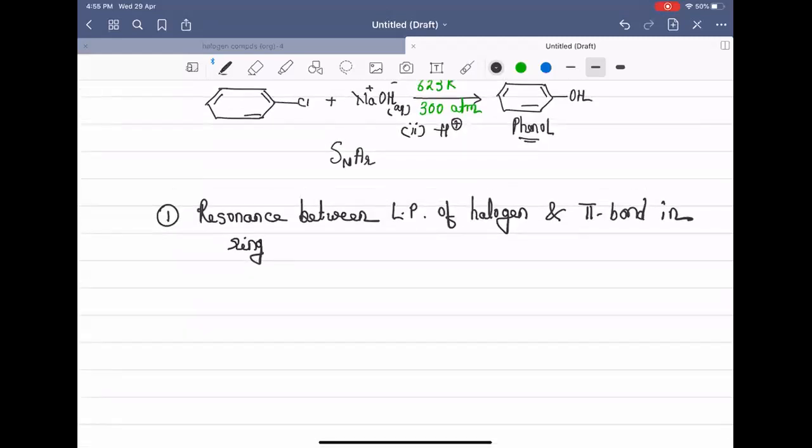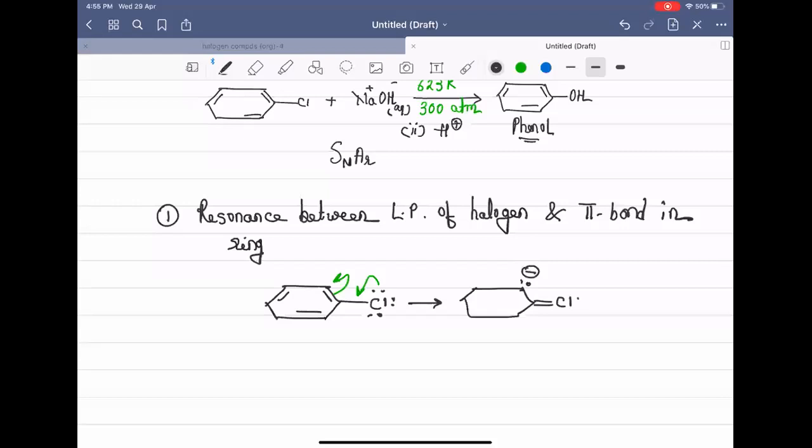Now you can see the resonance. If you take any halogen like chlorine here, because of the resonance, a partial double bond character is generated between the carbon and halogen bond.